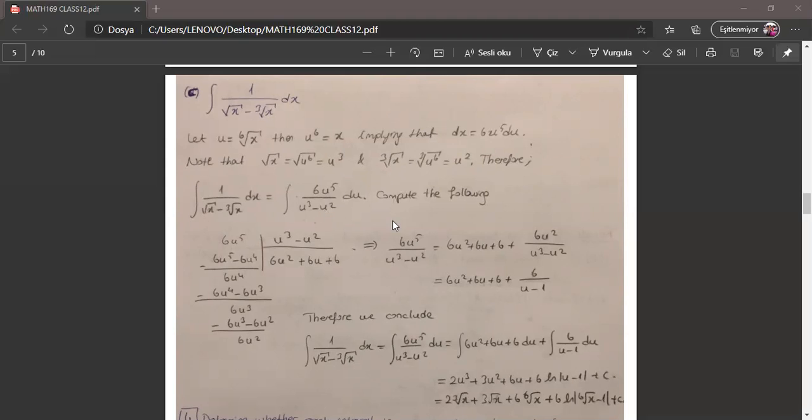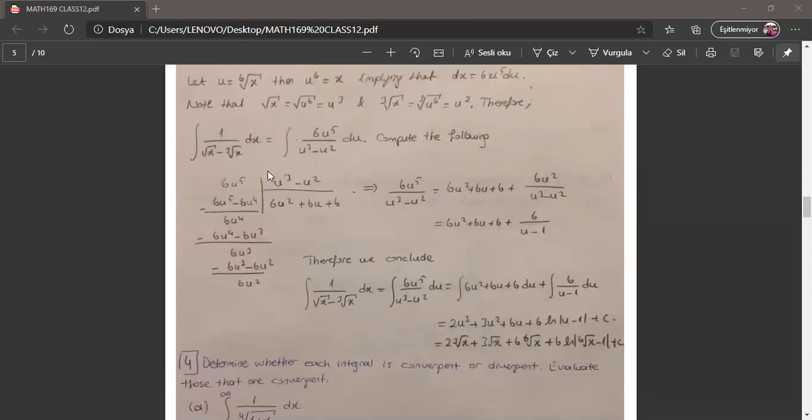So we have this. Now what do we do? We will compute this by dividing the polynomials. Here we have, okay, we rewrite this. If we write the denominator in the parentheses of u squared, and if we simplify u squared, we will get 6 over u minus 1.